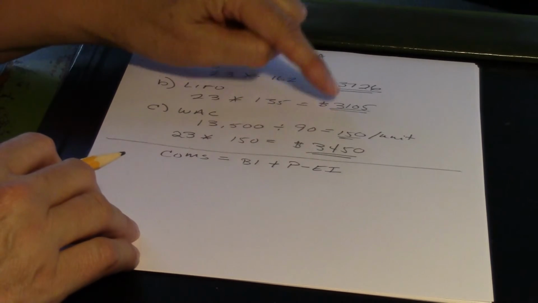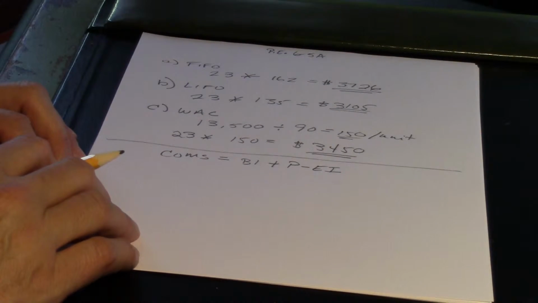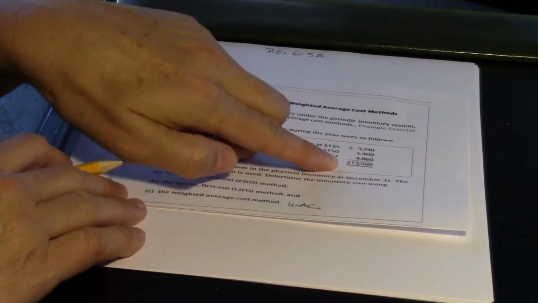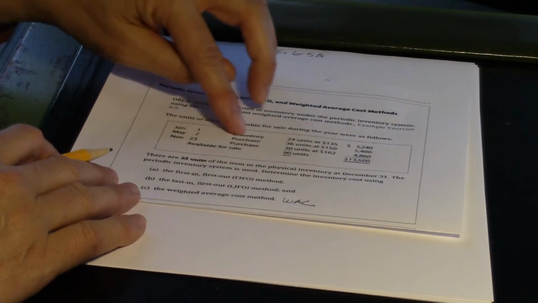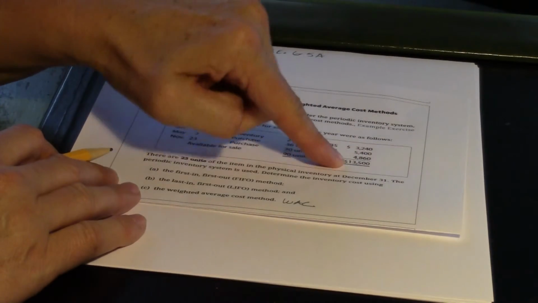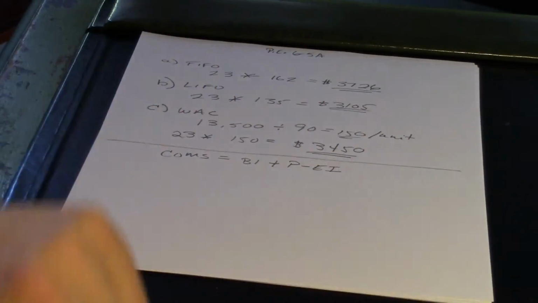We just calculated our ending inventory. We know that beginning inventory plus purchases equals $13,500. Here's our beginning inventory on January 1, here are our purchases, and it totaled $13,500.